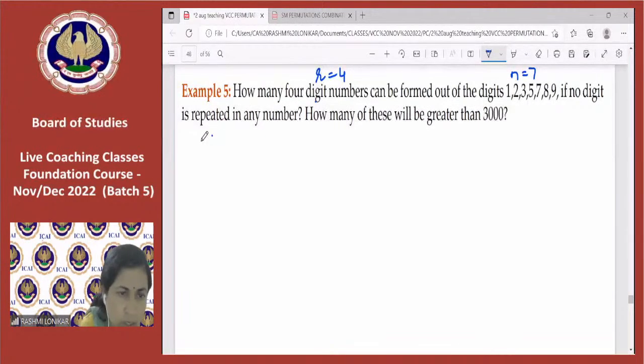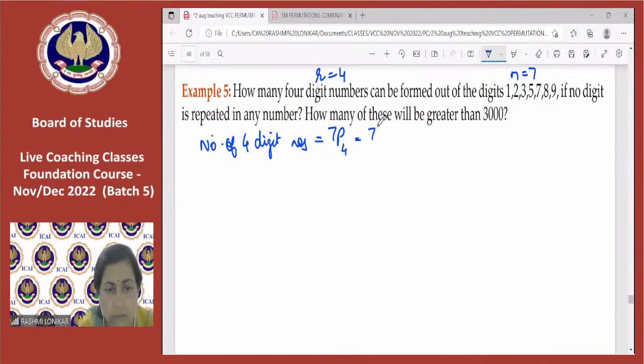So, number of 4-digit numbers is equal to 7p4, which is equal to 7 factorial upon 3 factorial, which is equal to 7 into 6 into 5 into 4.